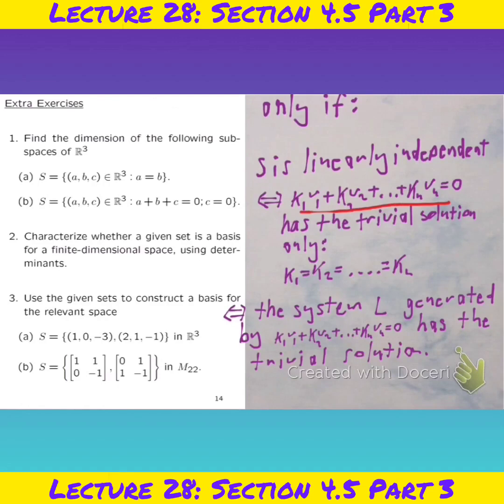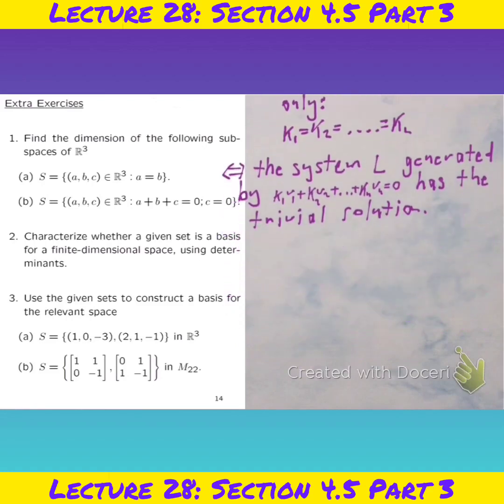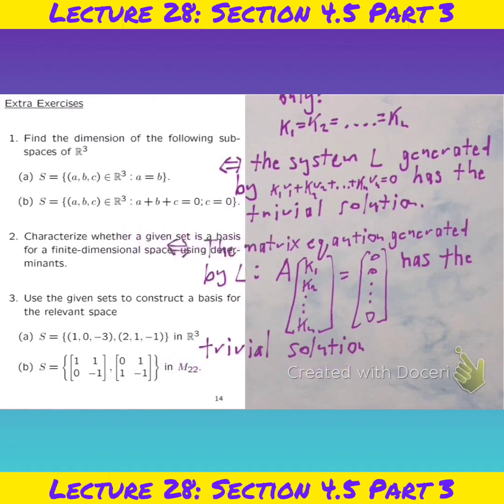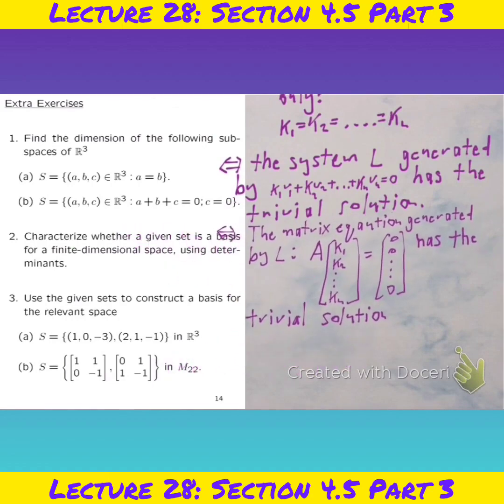You're going to set up a linear system with n unknowns and a certain number of equations. And you're going to solve that system, and if that system has only the trivial solution, then it's linearly independent. And what needs to happen for that to be true? Right, what needs to happen then is this.